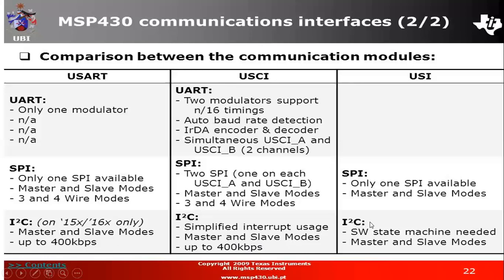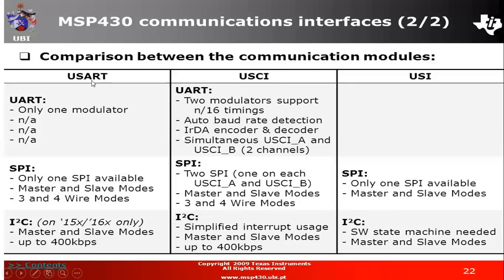And in USI, the I squared C needs a software state machine algorithm, as in USCI, and this is also operated in master and slave mode. So that is the comparison between USART, USCI, and USI.